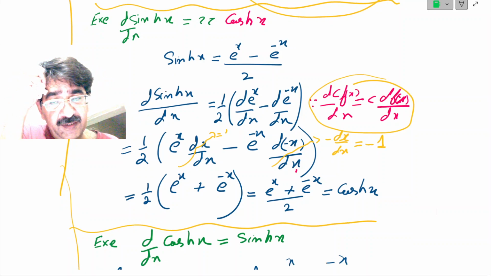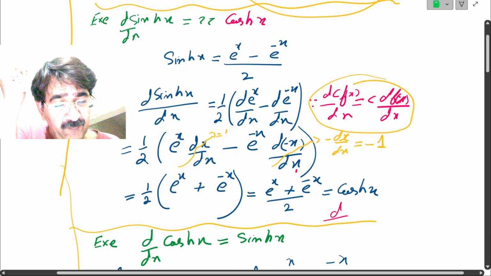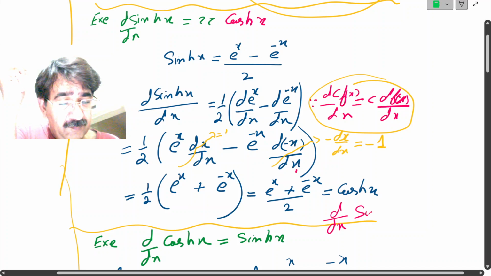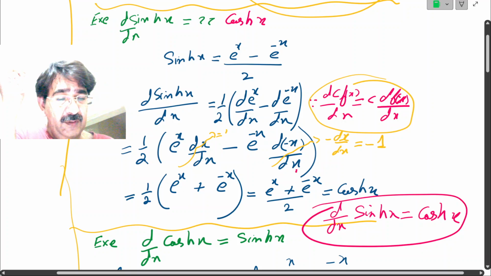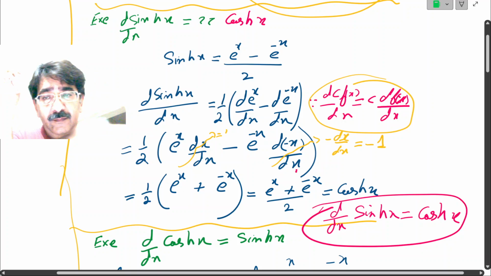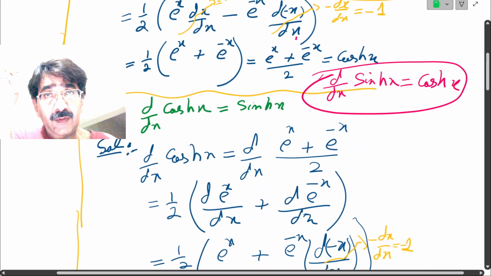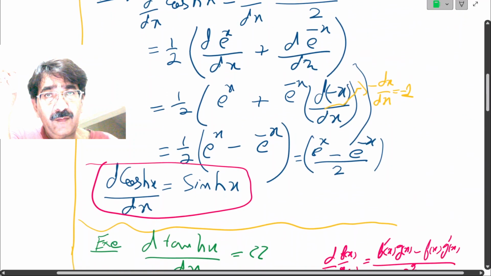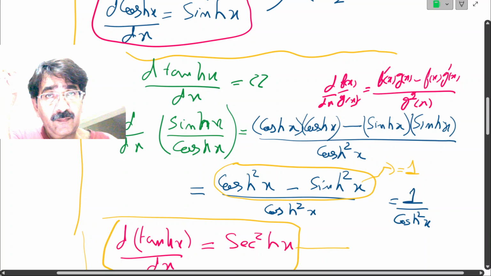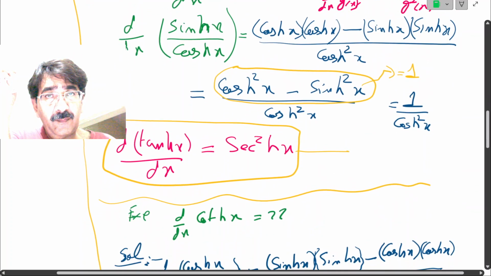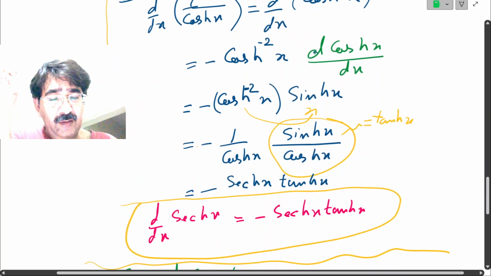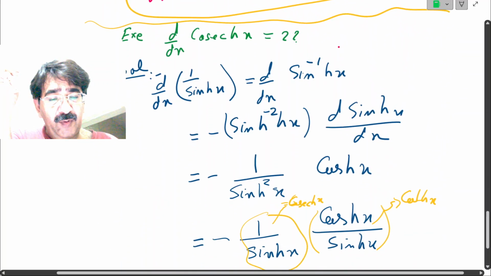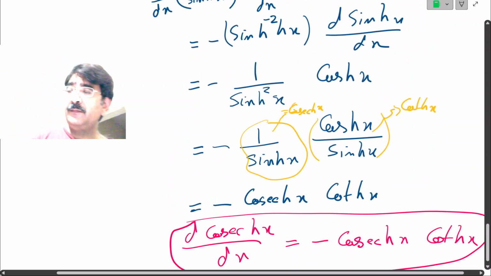I must also mention here that the derivative of sine hyperbolic x is equal to cos hyperbolic x. So all of these are about the derivatives of hyperbolic functions.